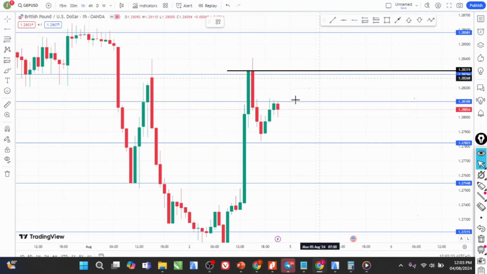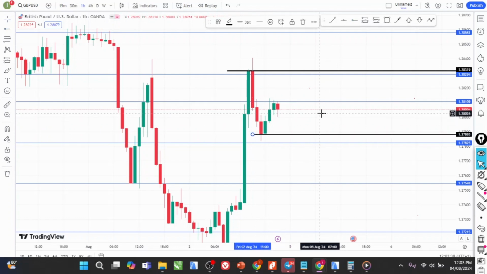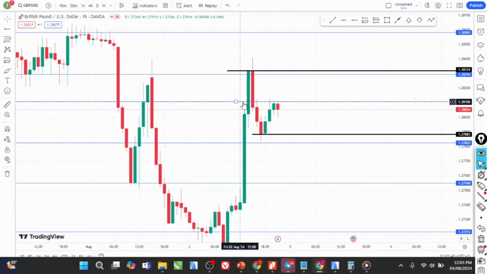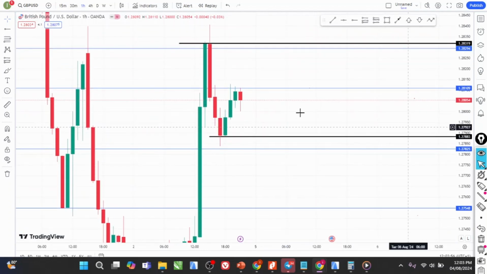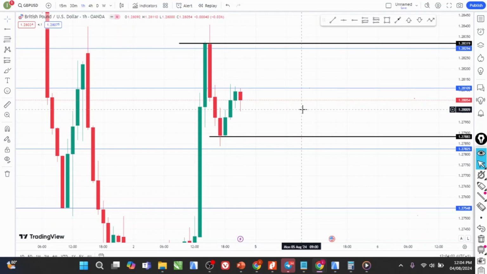And now we have a support level here, and then look at this level that price is reacting to. This is a strong level from the higher time frame. I think from the daily time frame and 4 hour time frame, it is a strong level. So price is creating another resistance here. But now this is the 1 hour time frame.